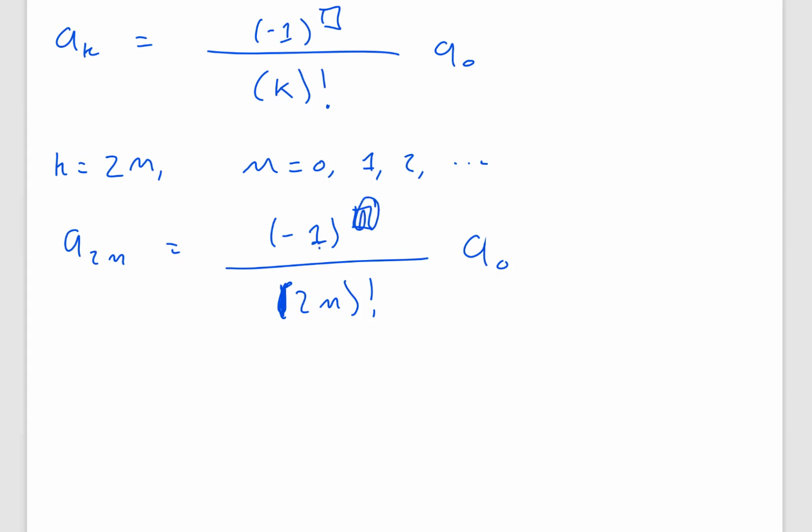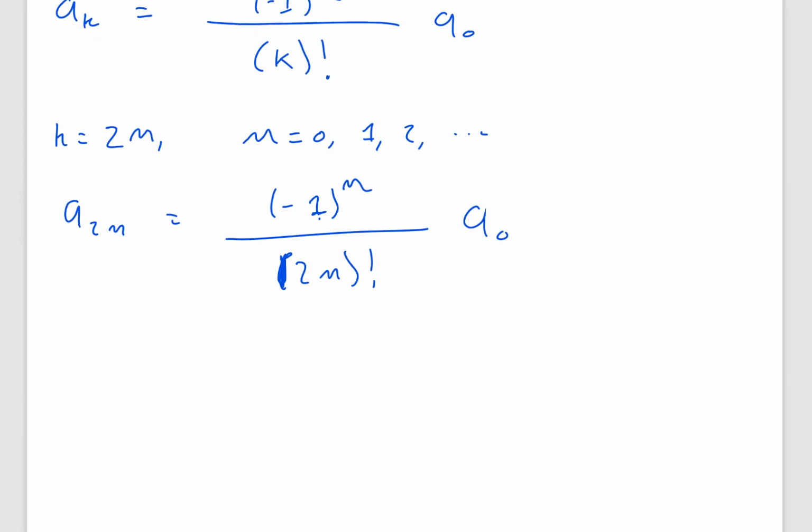Okay, and so what this indicates to us is that in the exponent here, we want to put an n. And just to make sure of things, we can do the following check. If we use this formula when n is equal to 0, this will give us a formula for a0. If we use the right-hand side of the formula, this is minus 1 to the power of 0 divided by 2n factorial a0.